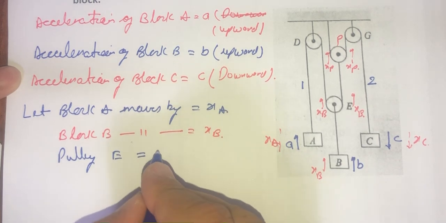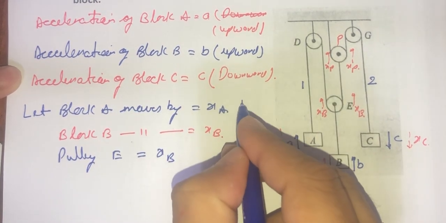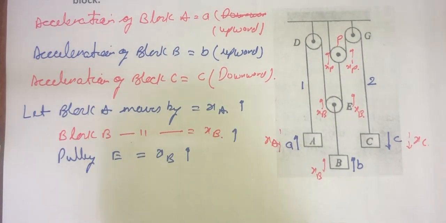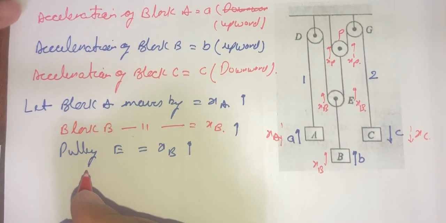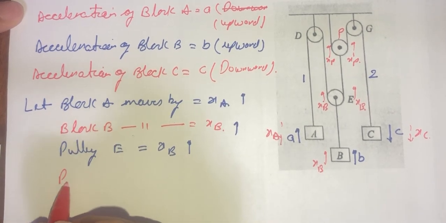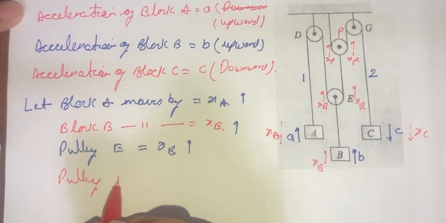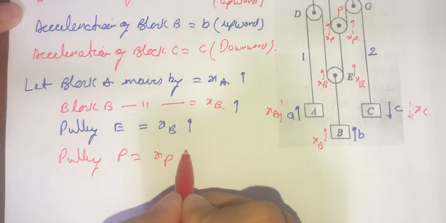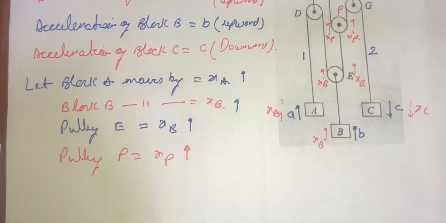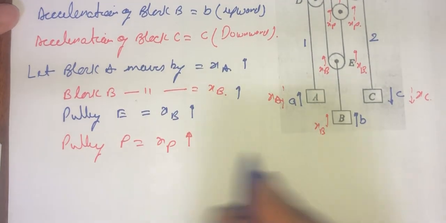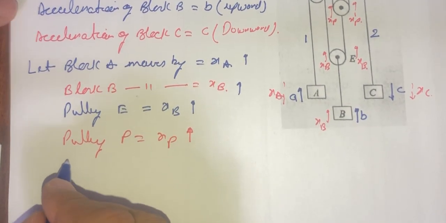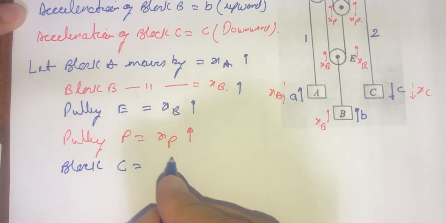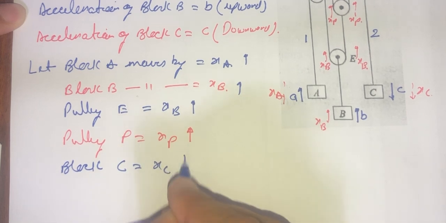So pulley E moves by XB in upward direction, and as a result pulley P will also move, let us suppose by XP, in upward direction, and block C will move in the downward direction by XC.